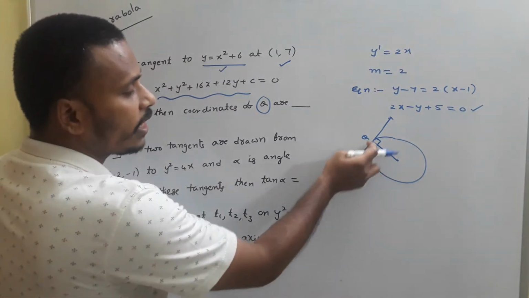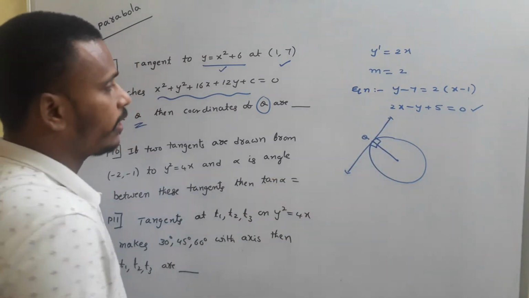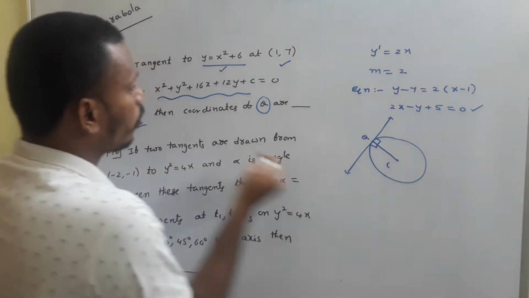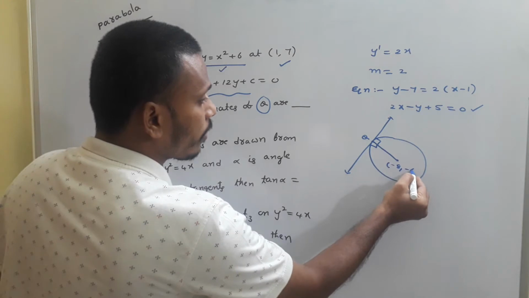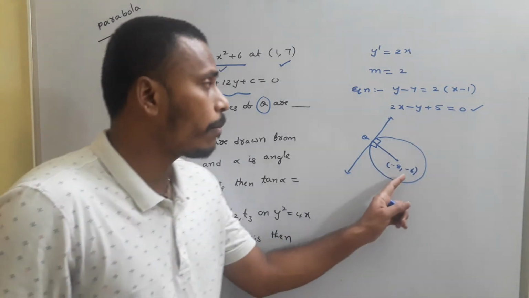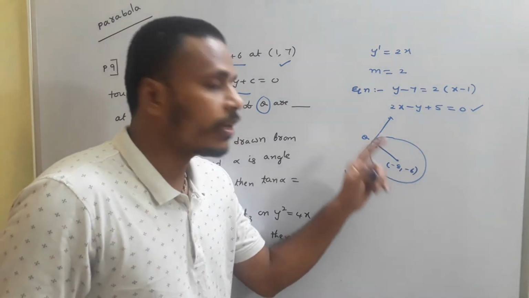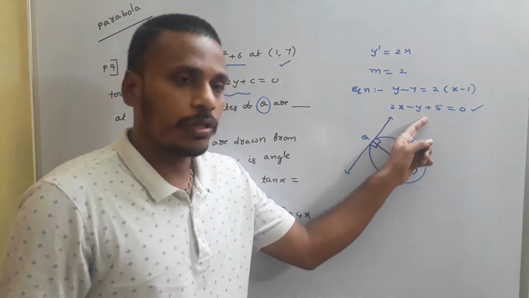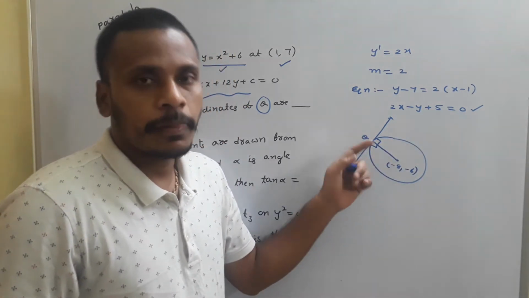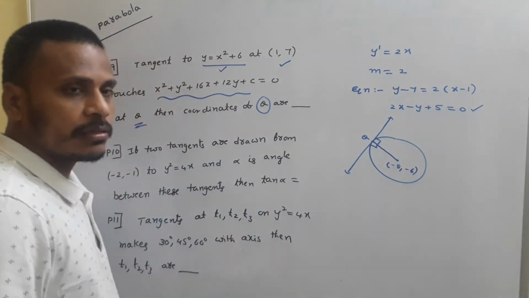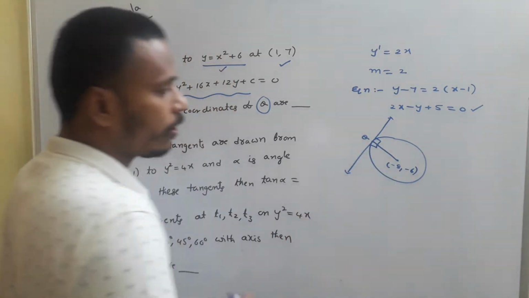See, the radius line is always perpendicular to the tangent line. What is the center of the circle? Minus 8 comma minus 6. From minus 8 comma minus 6, if we calculate the foot of perpendicular onto this line, that foot of perpendicular is q, and we will easily get the coordinates using the foot of perpendicular formula.